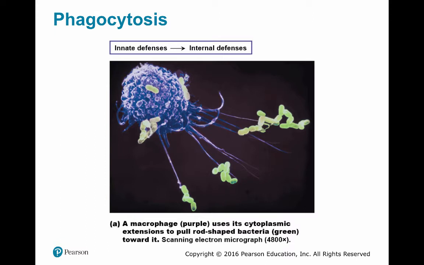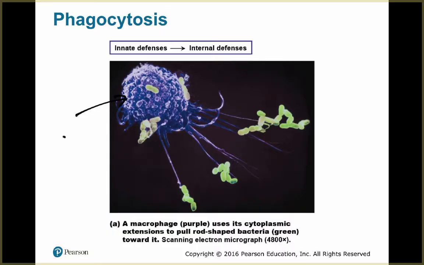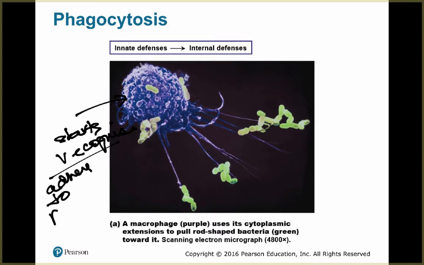And so phagocytosis is this process that happens, and it starts when this phagocyte recognizes and adheres to pathogens. And they do that because these pathogens have very specific carbohydrate signatures to them.